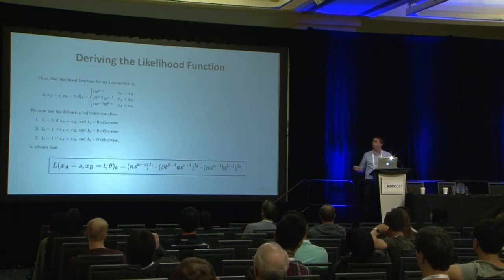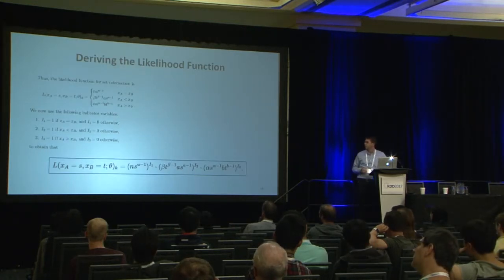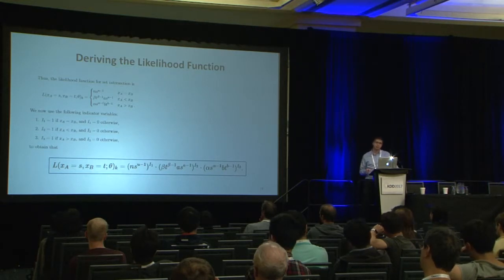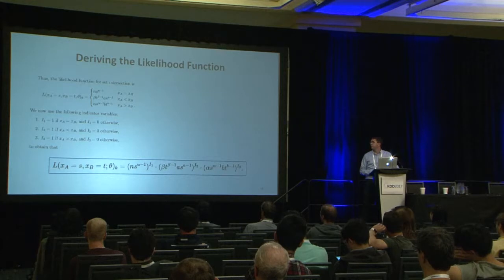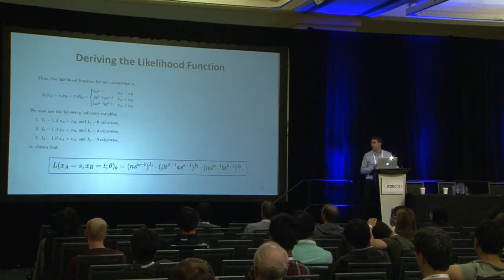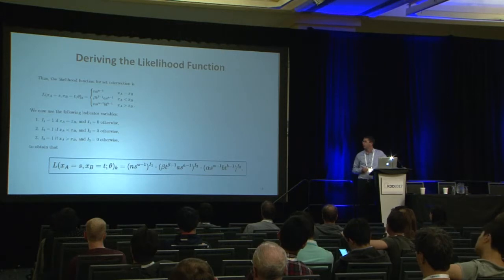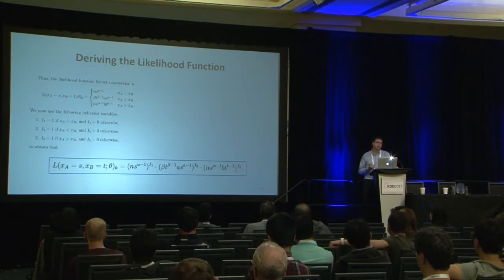So we derived the likelihood function for the first two cases, when xa is equal to xb and when xa is smaller than xb. The third case is symmetrical to the previous one, and we get the final likelihood function for the k-hash function. In order to write it in one single expression, we use these three indicator variables, indicating what the relation between the maximal hash values is.